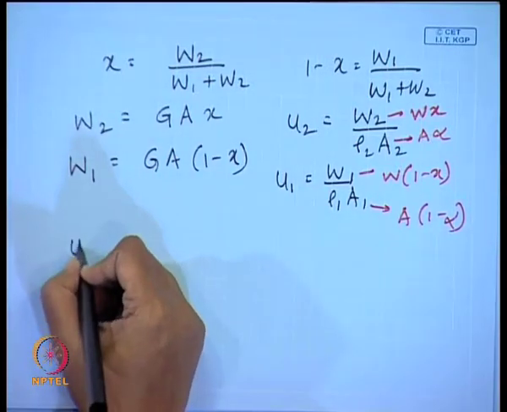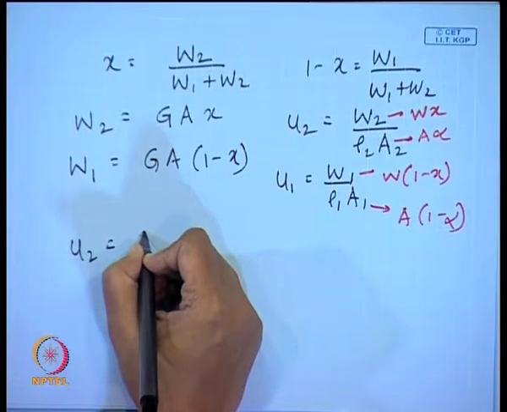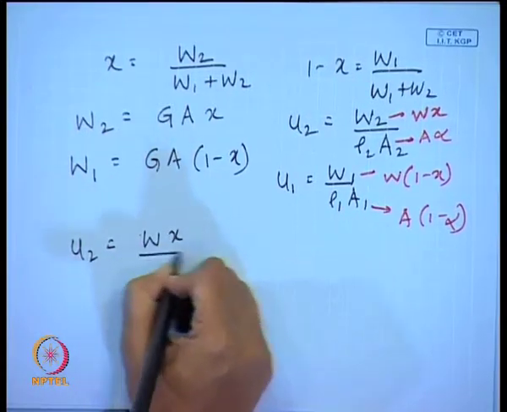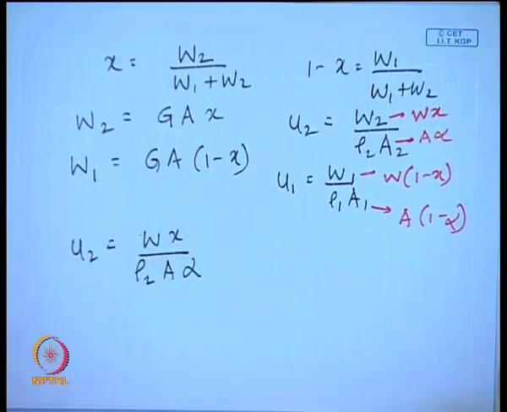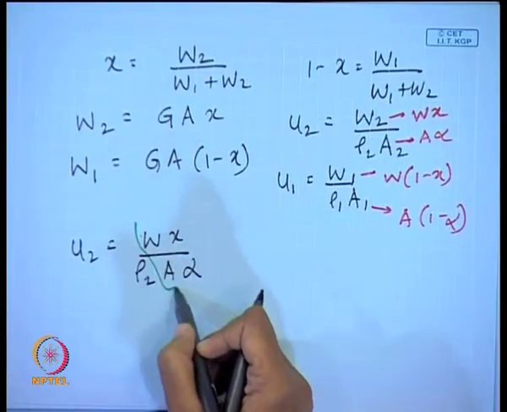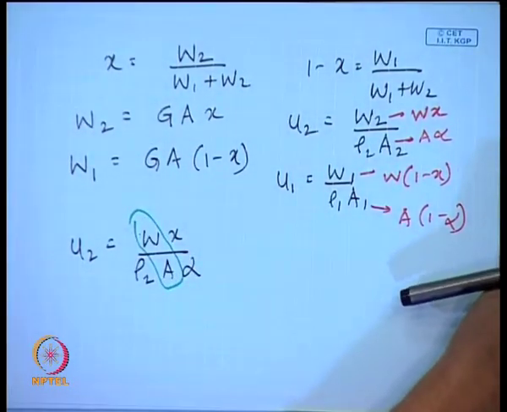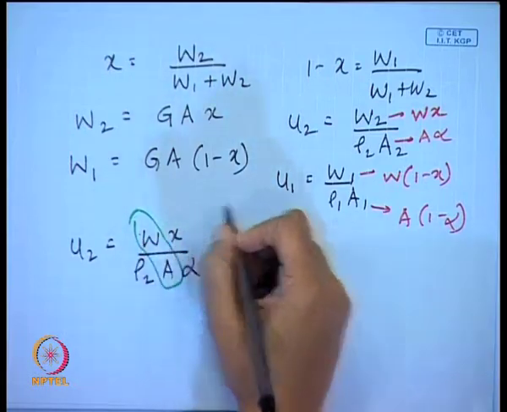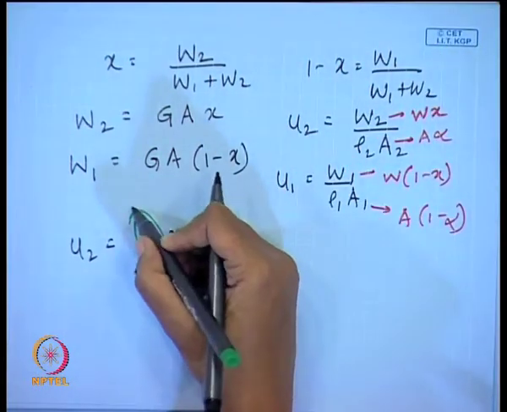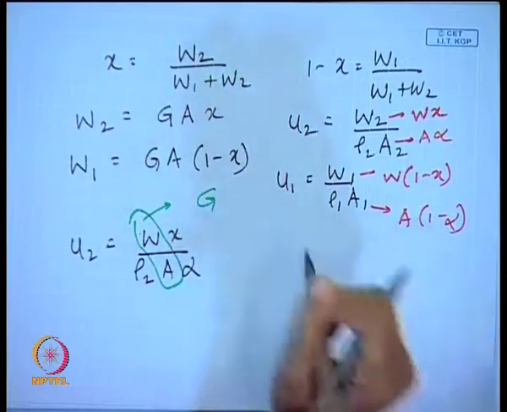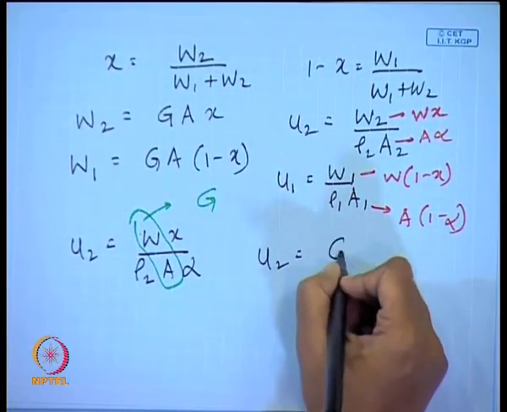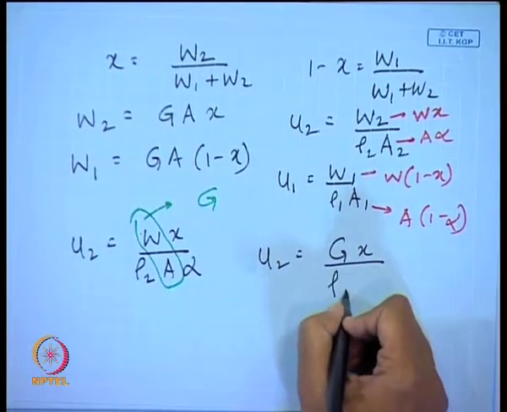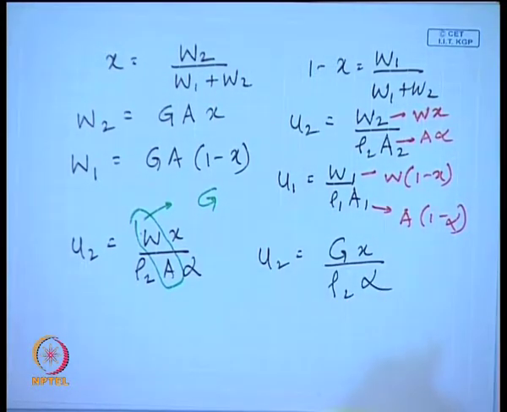We get U2 equal to Wx by rho 2 A alpha, where what is this W by A term, can you tell me? This is nothing but G. So, this term can be written down as G. So, U2 equals Gx by rho 2 alpha, isn't it?